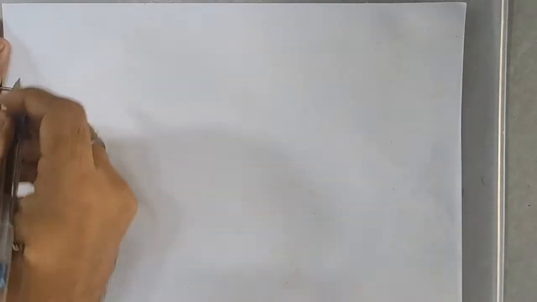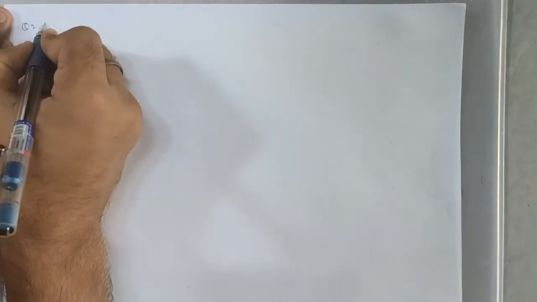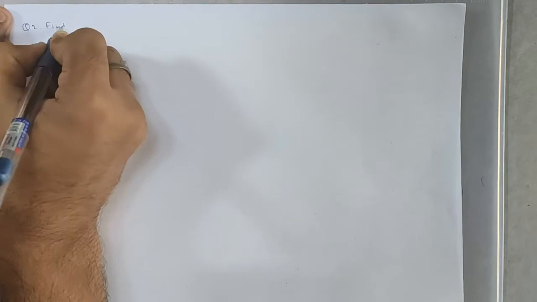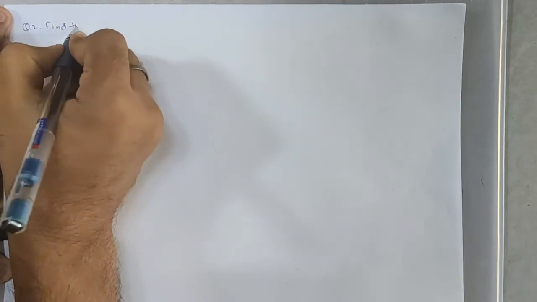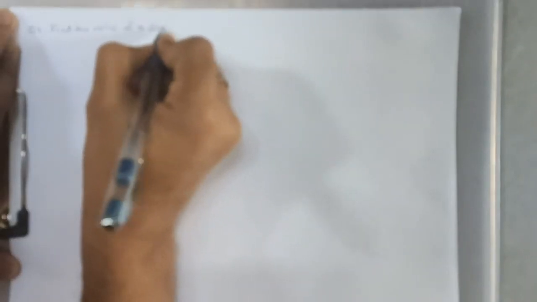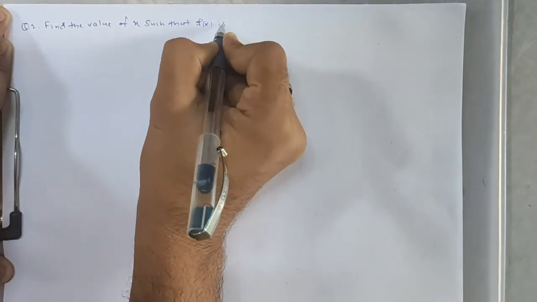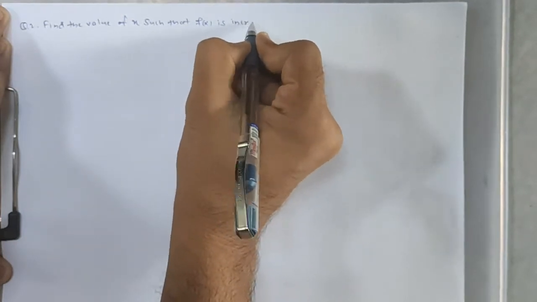Now we will do the second question, question number 2, in which we find the value of x such that f of x is an increasing function.